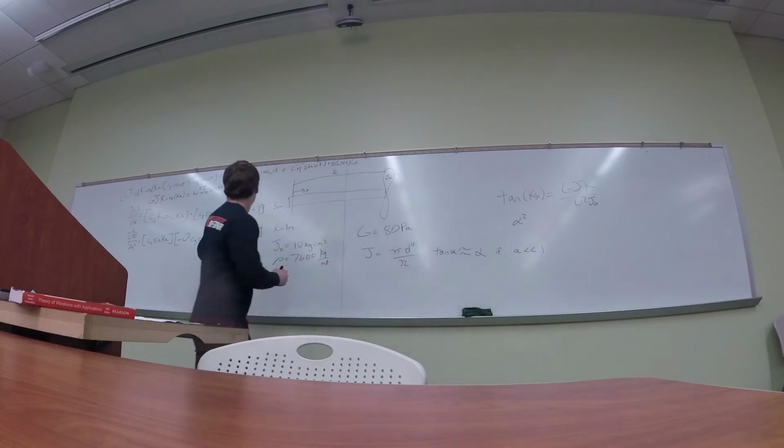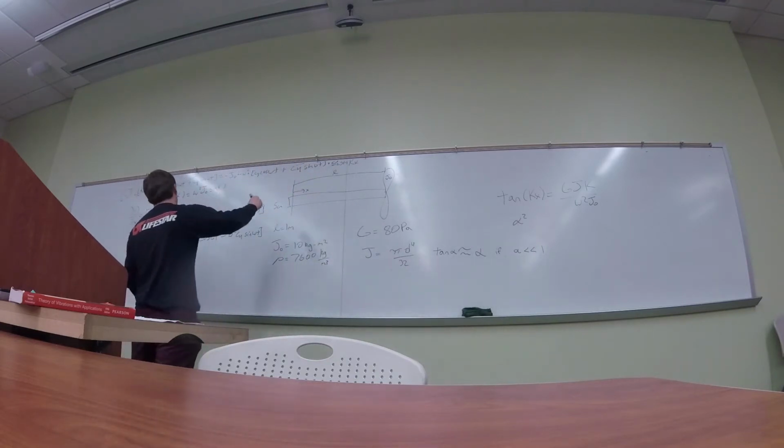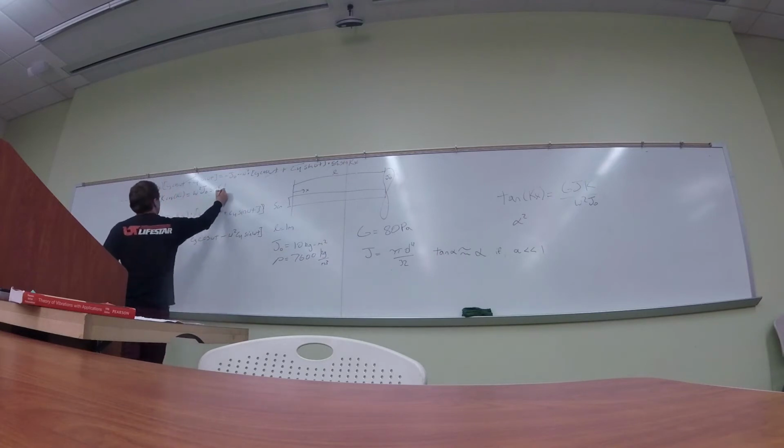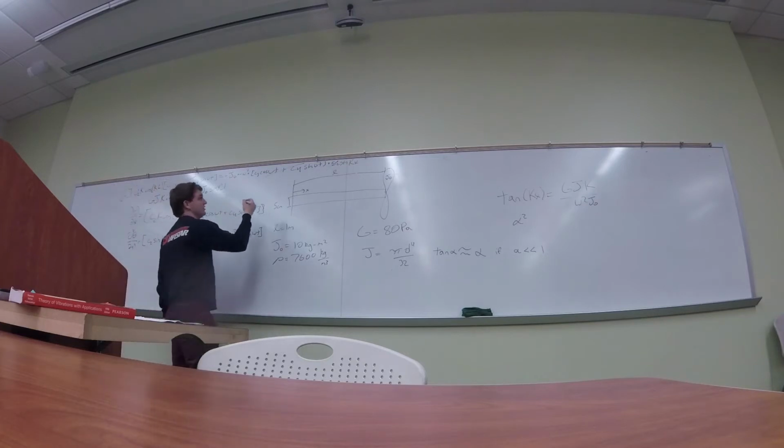Something I didn't note also, by the way, is that this x isn't x, it's actually going to be the L, because we're looking at this as a boundary condition.